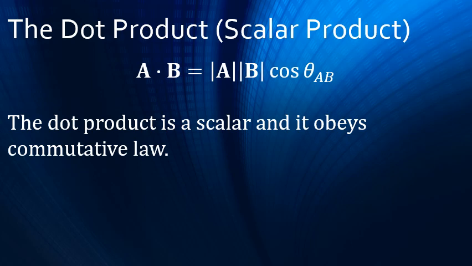Kailangan nating maintindihan na yung dot product is scalar. So, yung makukuha nating sagot dito, scalar. Hindi siya vector, scalar. Ibig sabihin, number. And also, it obeys commutative law. Ibig sabihin, ang A dot B ay equal lang sa B dot A.